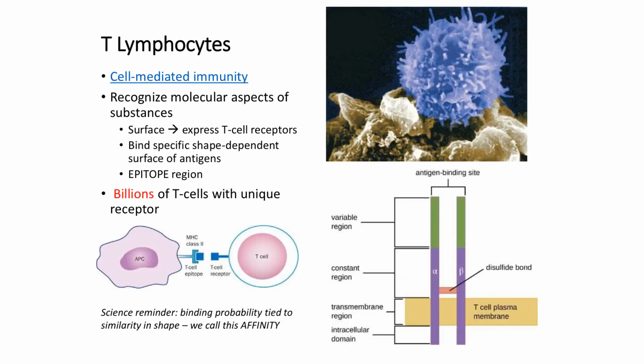So starting out with T cells, when we speak about T cells, we refer to this as cell-mediated immunity, meaning that when a T cell system is activated, it's going to use other cells to destroy the cell that has become infected. This is a real T cell, and it looks a little furry in this picture.